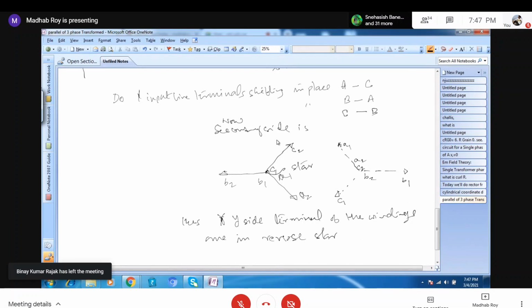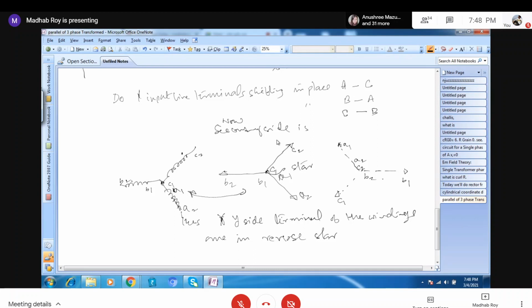If we interchange the terminals, that means earlier the winding here was like this: this side is C2, this side is C1, and this side was the A1, and this side was the A2. Now this side is B1, this side is B2. This is for this one.